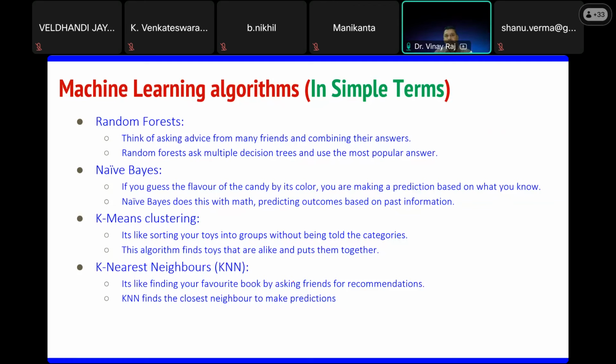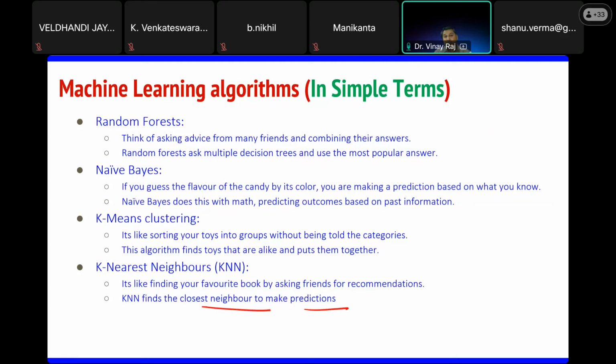I'll ask them, which book do you think is more suitable for me? Friend 1, friend 2, friend 3, I will ask. By their recommendations, I will decide my favorite book. Here the challenge is that KNN finds the closest neighbor to make the predictions.